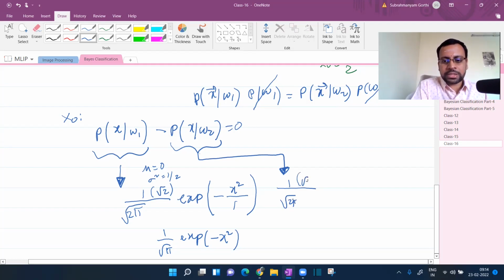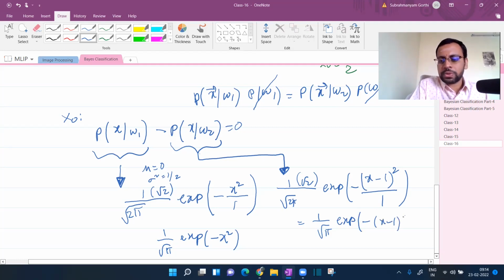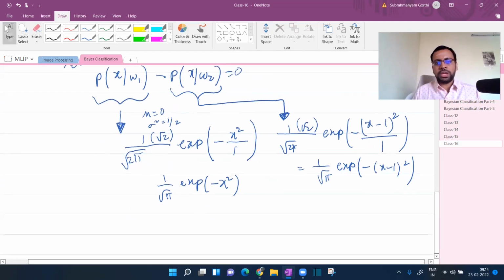Again, this sigma is the same for both, so root 2, exponential of minus x minus, my mu here is 1, so I would get minus 1 whole square divided by, again 2 sigma square is 1. So that is equal to, root 2 gets cancelled, 1 over root pi exponential of minus x minus 1 whole square. Correct?